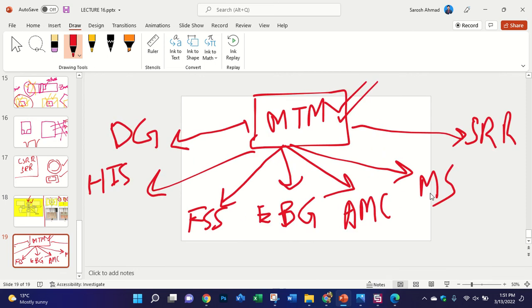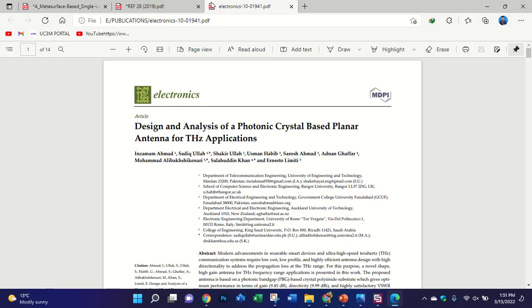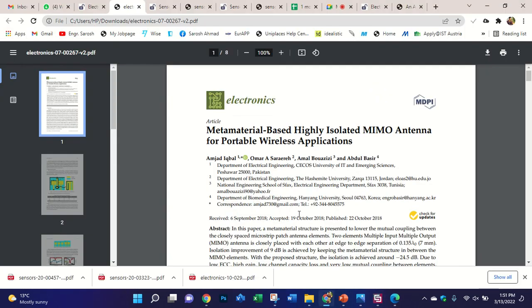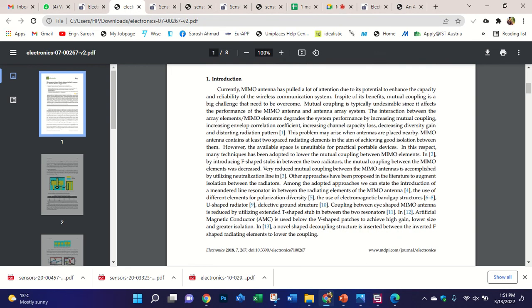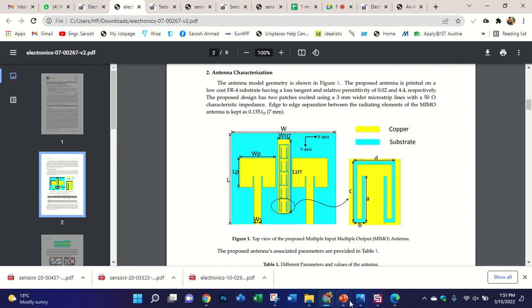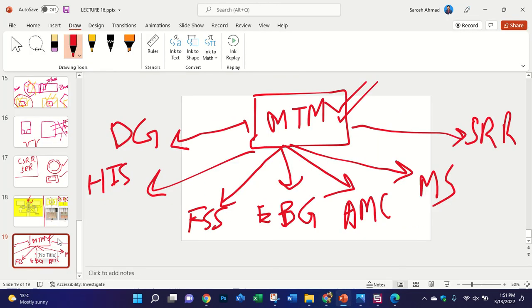So there are many names, so don't be confused. The general name is metamaterial, so that's why they have called it metamaterial, even when they have applied the EBG structure.